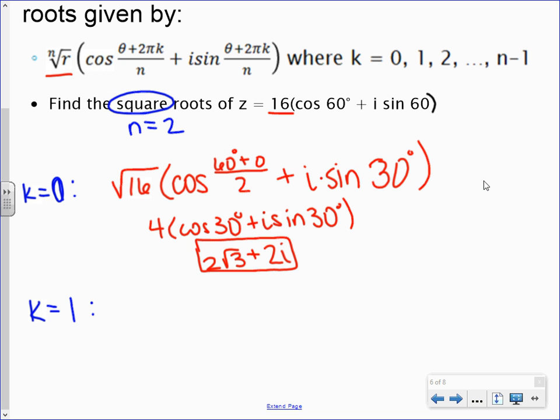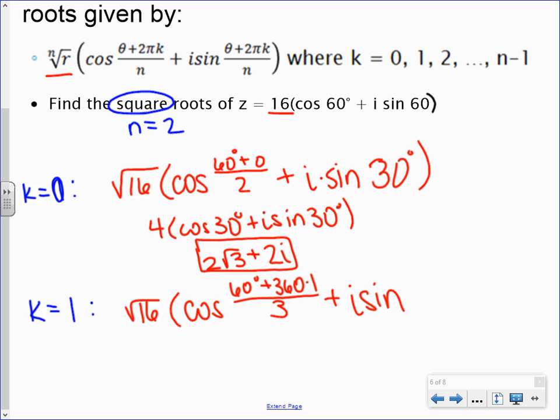Okay. So then what we're going to do is this again, but now with k is 1. So we're going to take the square root of 16 times the cosine of 60 degrees plus 360 times 1 over 2. What would that be? Over 2. Come on, Mrs. Woman.